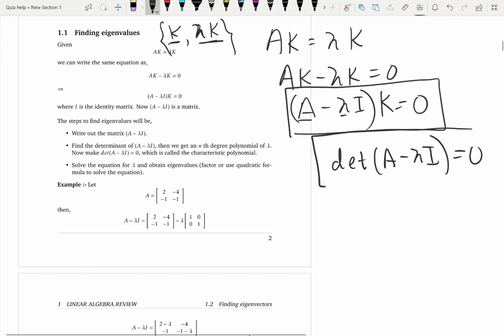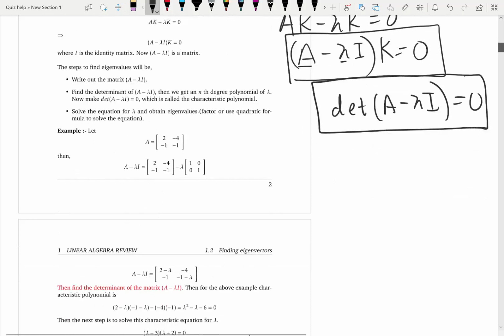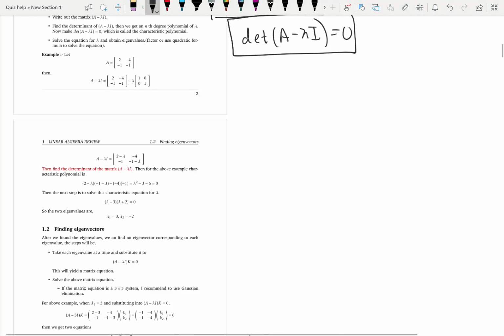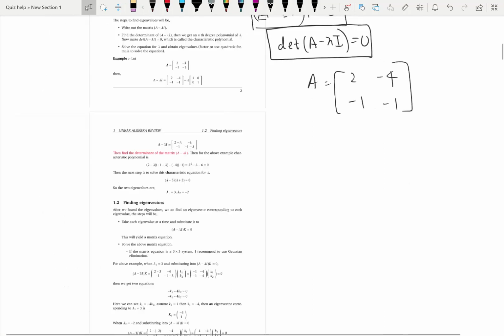We use this fact to find our lambda, okay? Alright, let me do an example and it will make more sense, okay? So let's take this matrix A: 2, -4, -1, -1. Now you want to find the associated eigenvalues and eigenvectors.